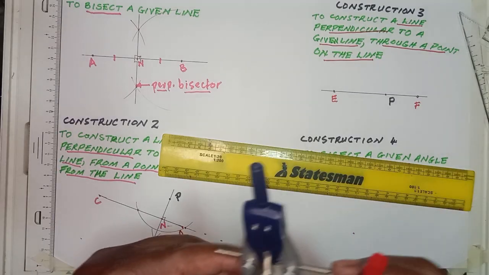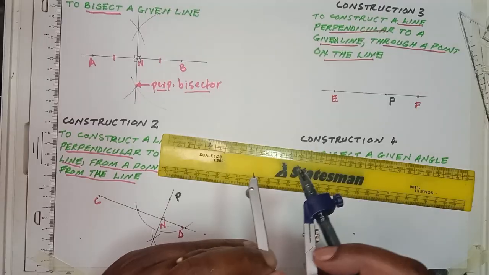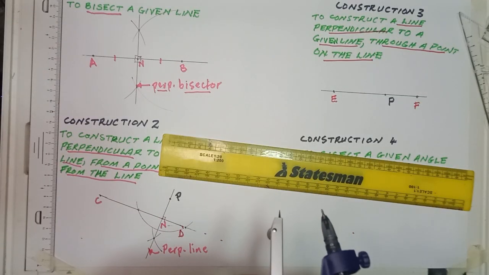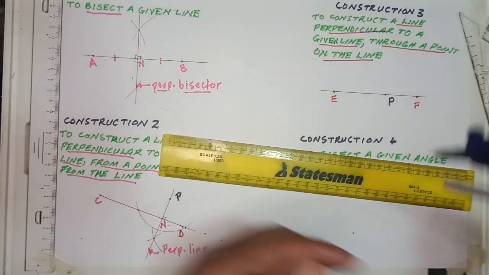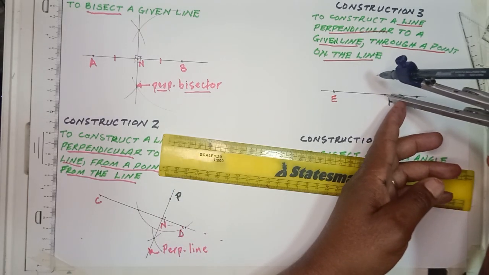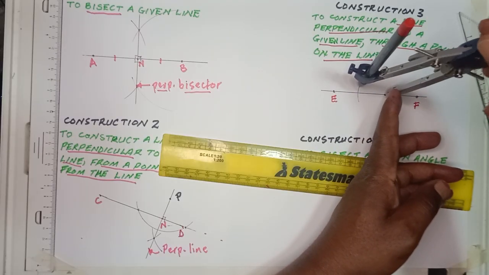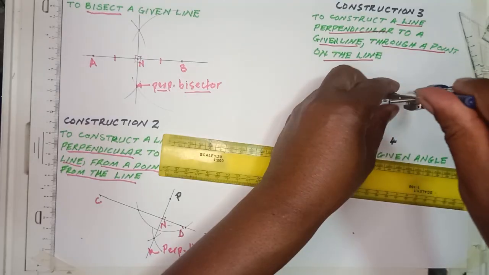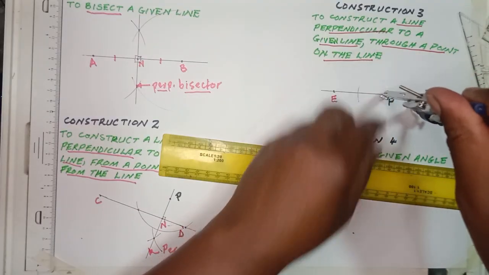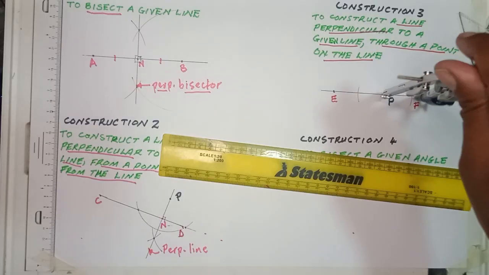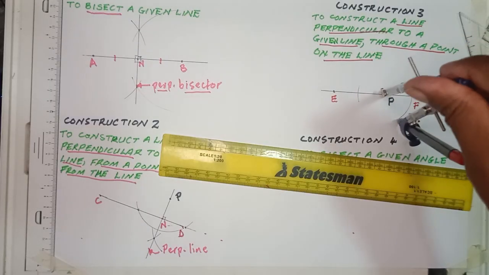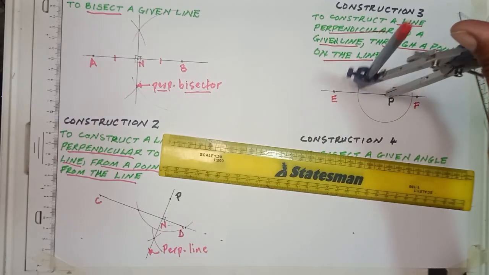That is pretty easy. So we pick compasses, open compasses to any convenient radius, put the compass point at P, then we can strike an arc on either side of this point P. That is also crossing the line twice. It can be a semicircle, it can be a complete circle.